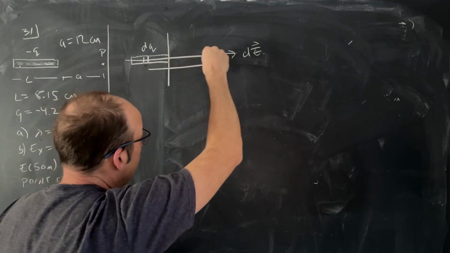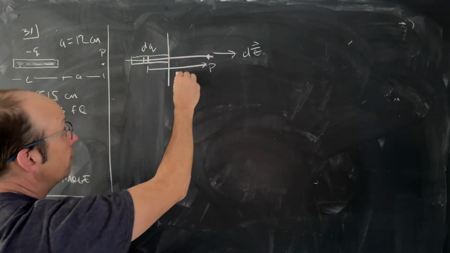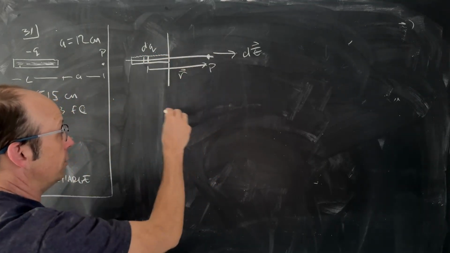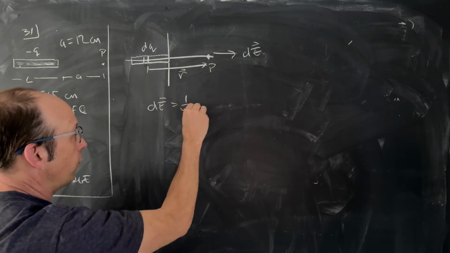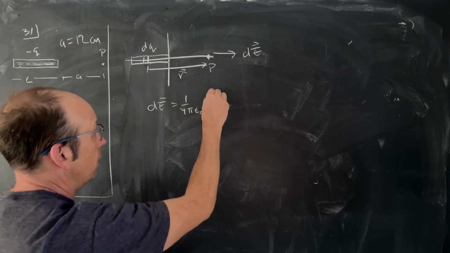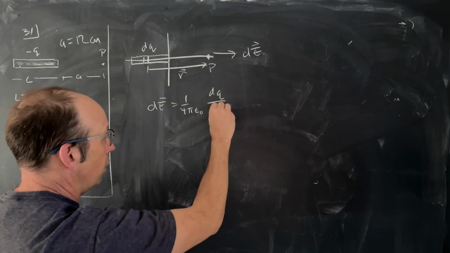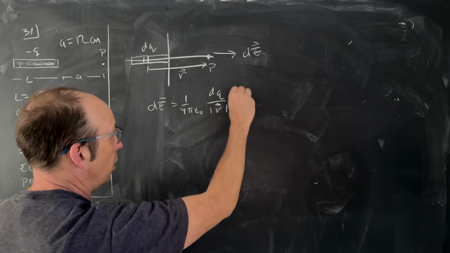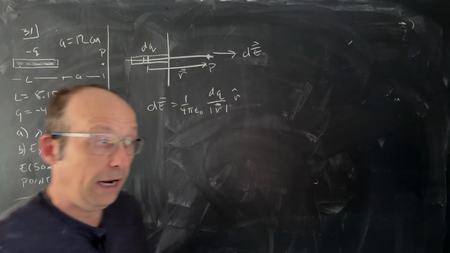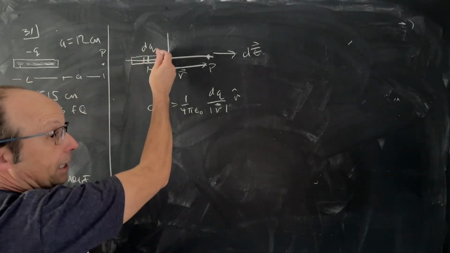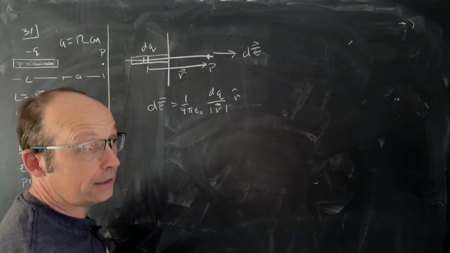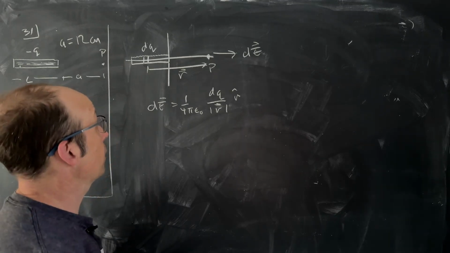Let's say this is the vector r from my point to my observation location. Then dE is 1 over 4 pi epsilon naught dq over r squared r hat. And so if I just integrate both sides, I'm essentially adding up an infinite number of infinitely tiny things to get the electric field. And that's what we're going to do.